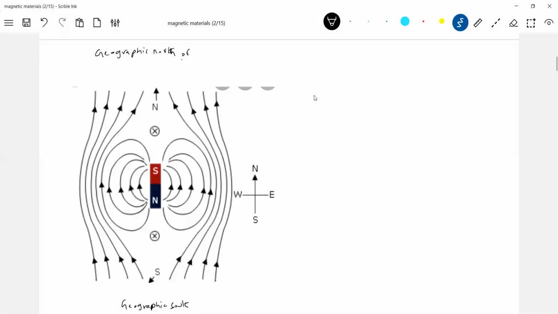So this is the geomagnetic north, and here geomagnetic south. The null points, where the resultant field is zero, will be obtained here.